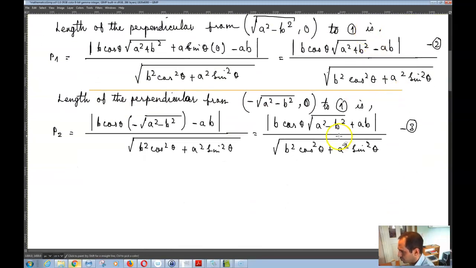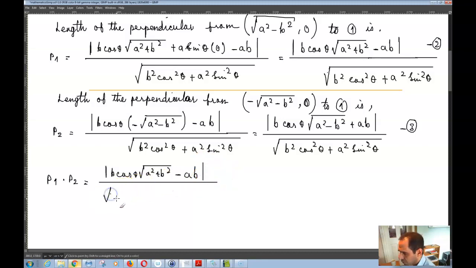Now that we have found the two perpendiculars, P1 and P2, I can write P1 times P2 as the absolute value of b cos theta times the square root of a squared minus b squared, minus ab, over the square root of b squared cos squared theta plus a squared sine squared theta.